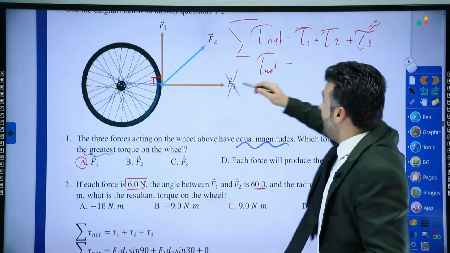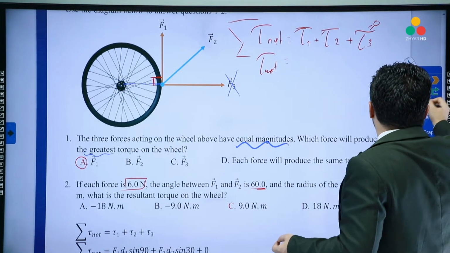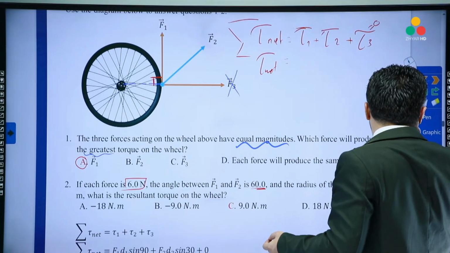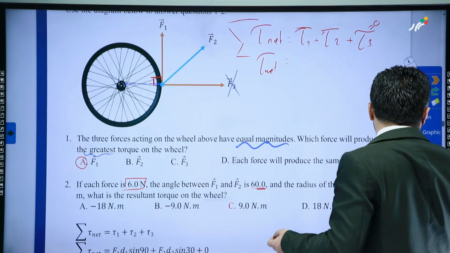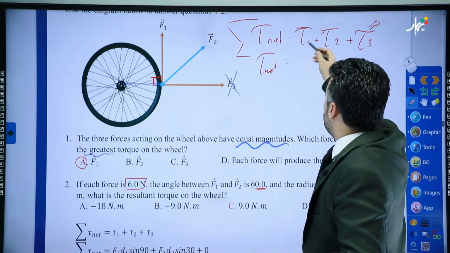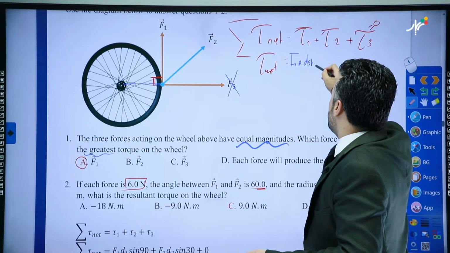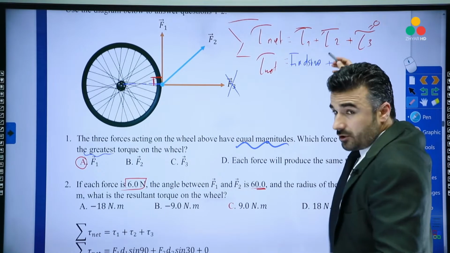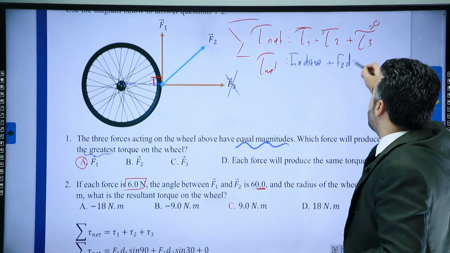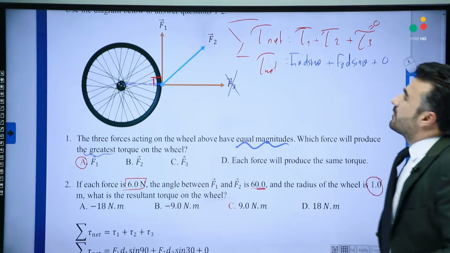Once again, torque 1 is F1 times d sine theta, and then plus, for torque 2, we use F2 times d sine theta. And torque 3 is going to be 0 here.